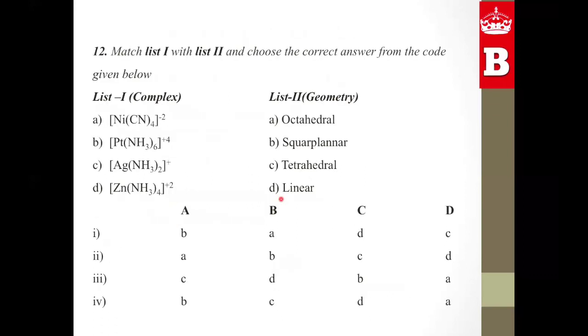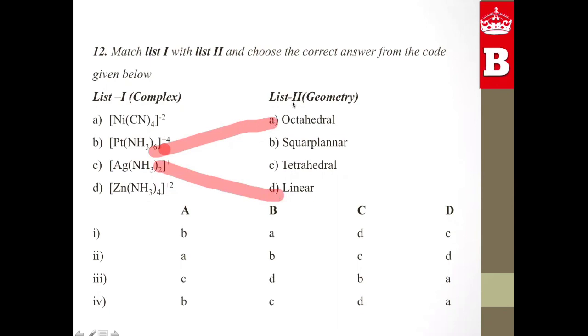And the last question for today's discussion: we have to match list 1 with list 2 and find which are common. Here it's 4, here it is 6. If it is having 6 ligands, then due to the presence of 6 ligands, it should be octahedral. If it is having 2 ligands, it should be linear. We have already found this out.